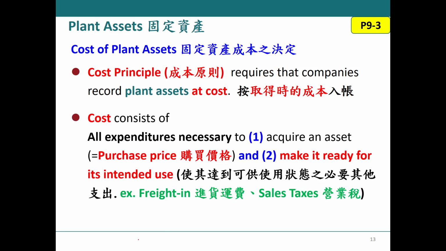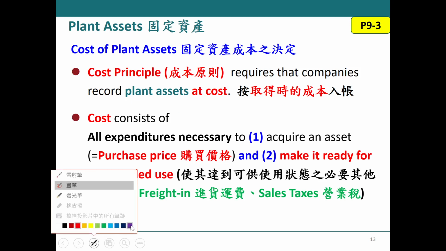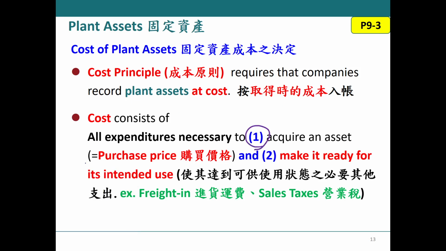So how to determine the cost? 1 plus 2. What's 1? Purchase price. What's 2? Make it ready for use, 达到可供使用状态, because we talk about PPE, not inventory.